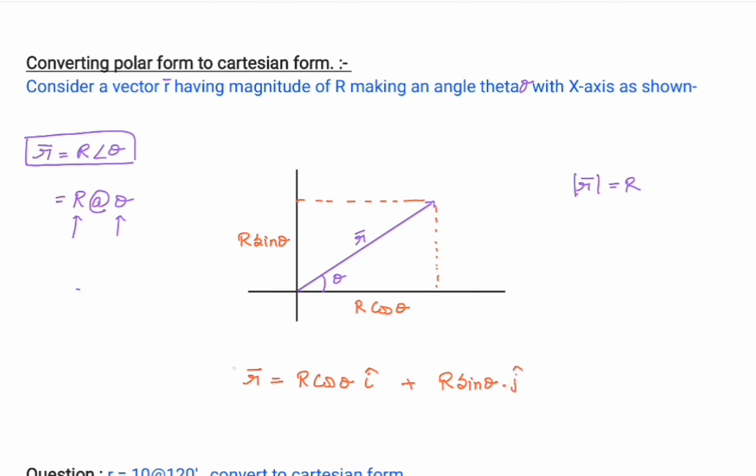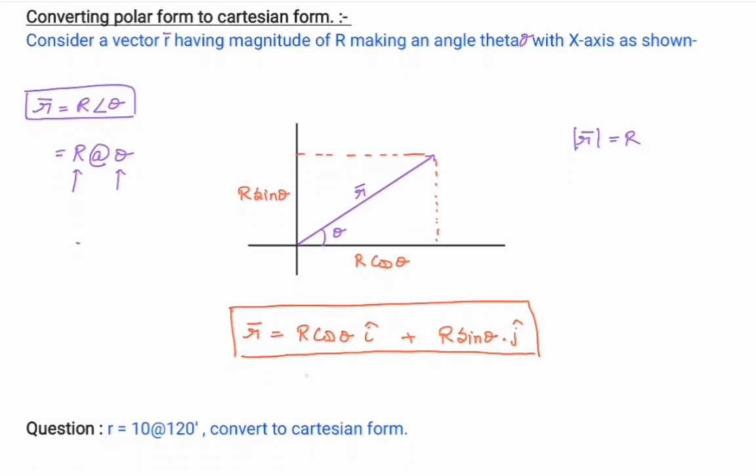This is the Cartesian coordinate form. Any vector is represented in the form Ax i cap plus Ay j cap. Here is the same form. We have converted this polar form into the Cartesian form.